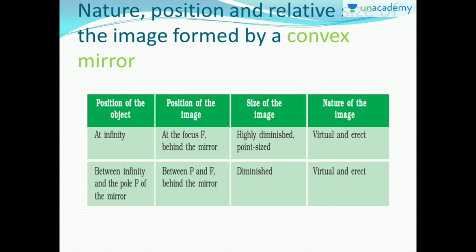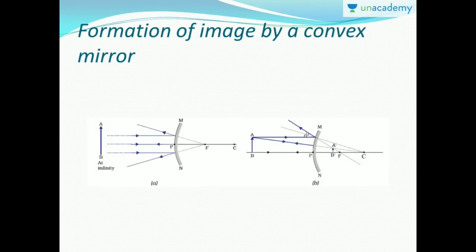The nature of the image will be virtual and direct. All the images in the case of a convex mirror will always be virtual and direct, because everything is on the right-hand side. You can see the first case: the rays meet at the focus.